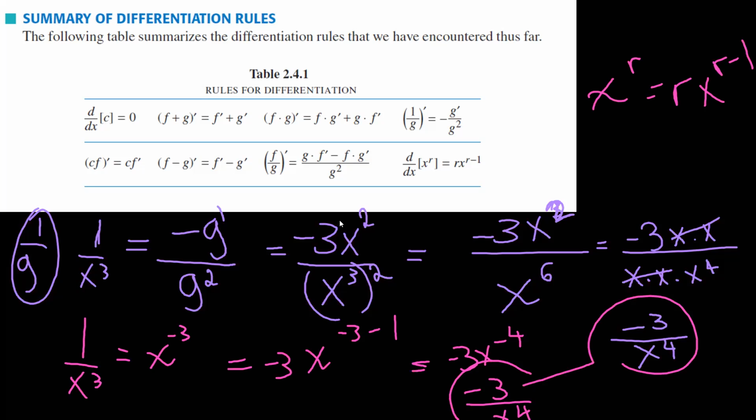So if you have 1 over x raised to the power n, you have two ways. You can write it as x raised to the power negative n and find the derivative, or you can use the formula negative g prime over g squared. Both give a correct answer. Is it clear? Yes, teacher.